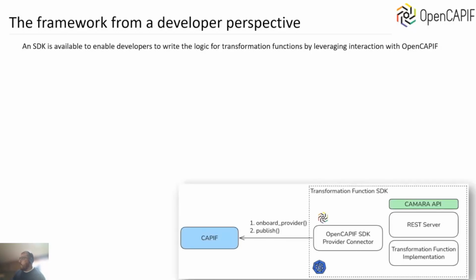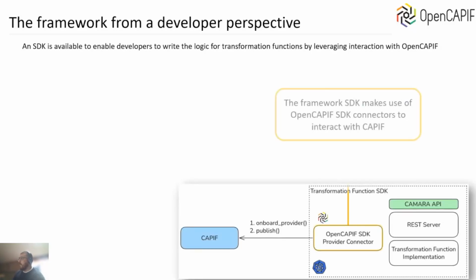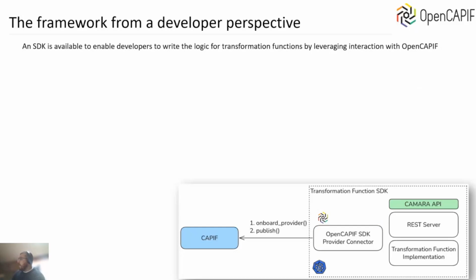Here we are using the OpenCAPIF SDK provided connector from the transformation function layer to onboard the provider, because in this step we are the publisher of APIs, so we use the SDK to onboard the provider and to publish the API to CAPIF.